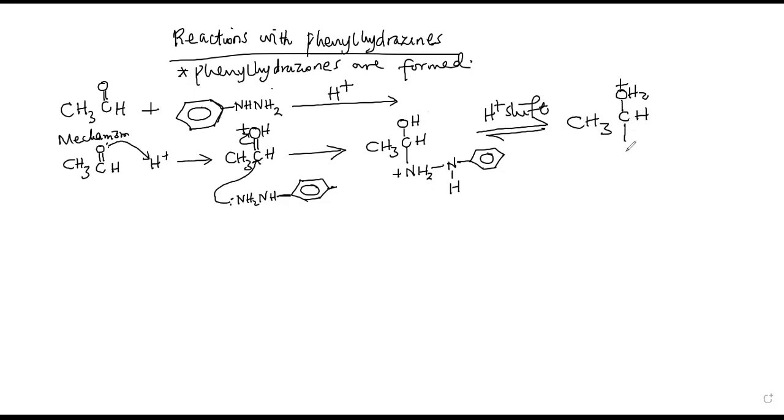Then one H went, so we shall have NH. So now, because one hydrogen left, that's why I have NH. So the lone pair here will create a double bond over here as I lose the water molecule.